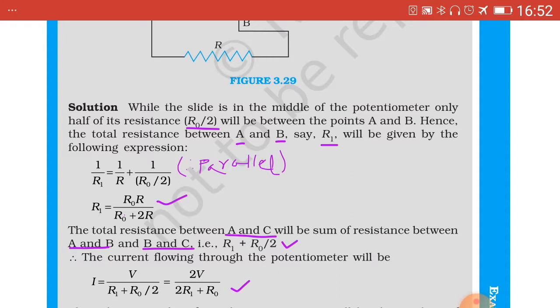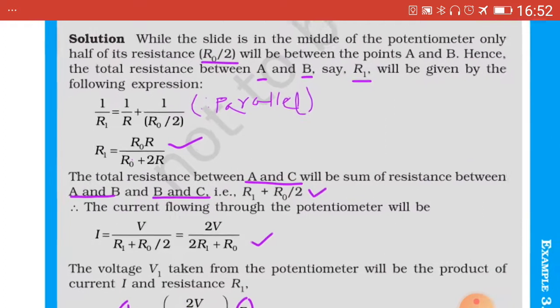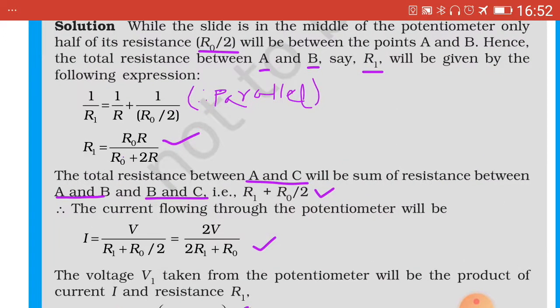Now to find the current flowing through the potentiometer, capital I equal to, according to Ohm's law, I equal to V upon R. So V upon, in denominator, R equal to R1 plus R0 by 2. Now this 2 will go in numerator, so equal to 2V upon 2R1 plus R0, which has again been tick marked.